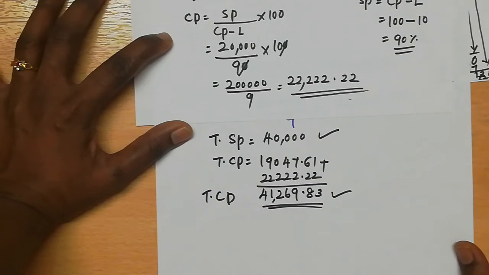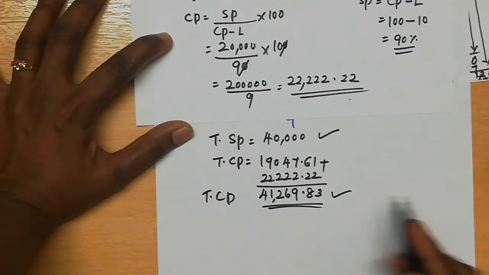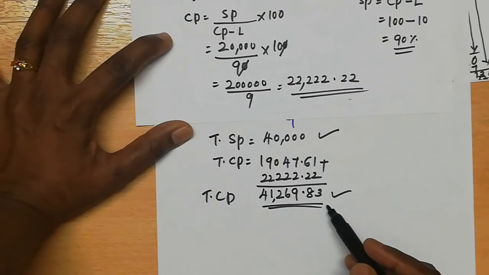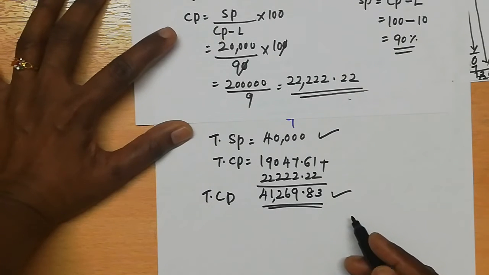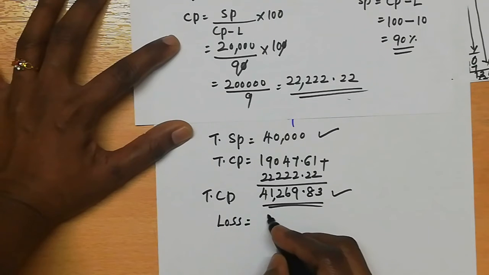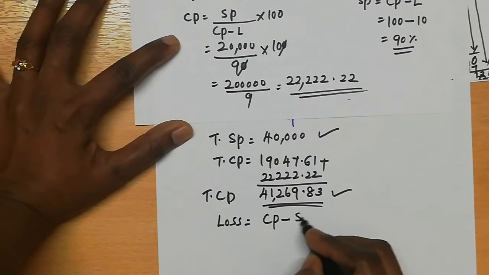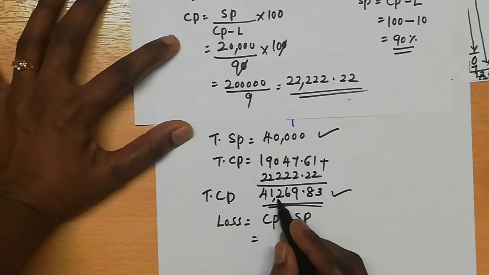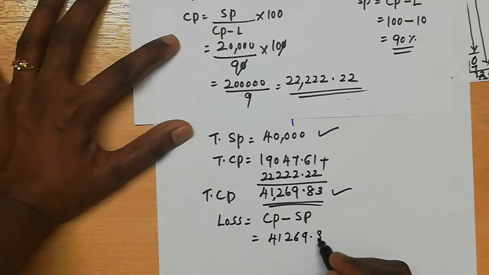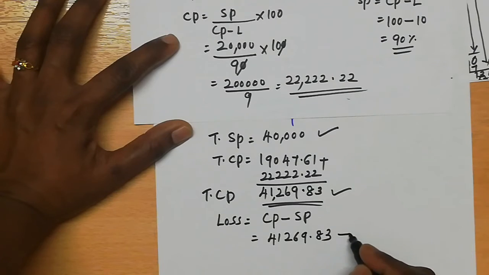That is a loss. Why? Because the selling price is less and the cost price is more. In that case, that is a loss. How to find the loss? Loss is equal to cost price minus selling price. What is the cost price? 41,269.83 minus the selling price, that is 40,000.